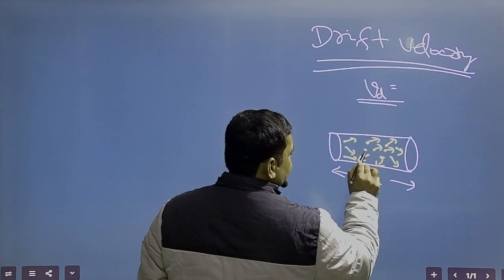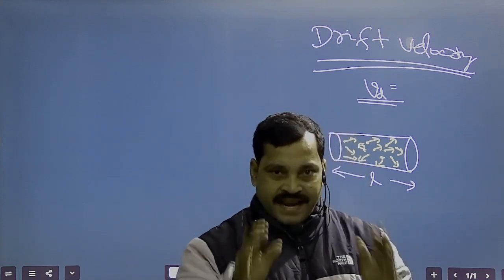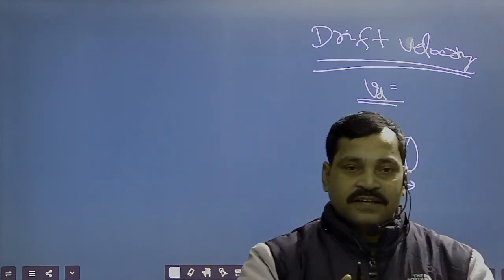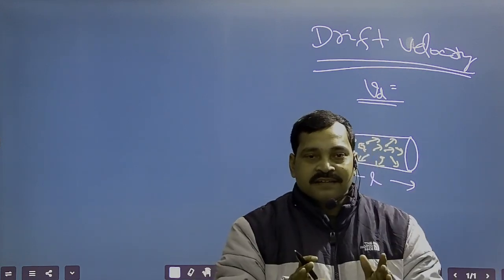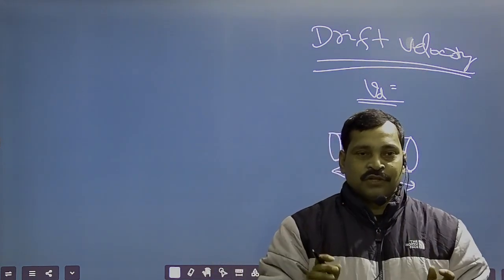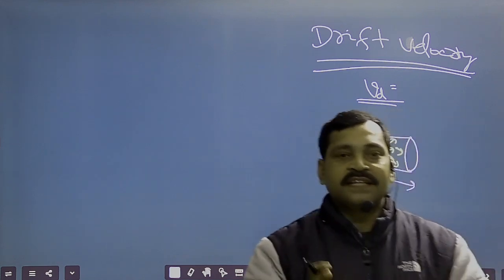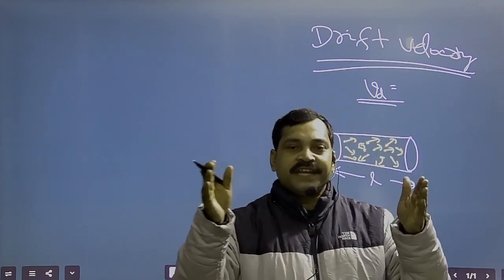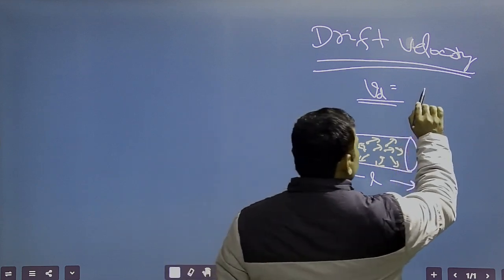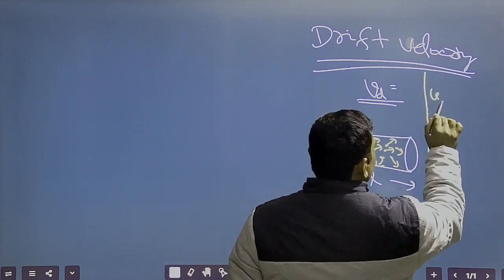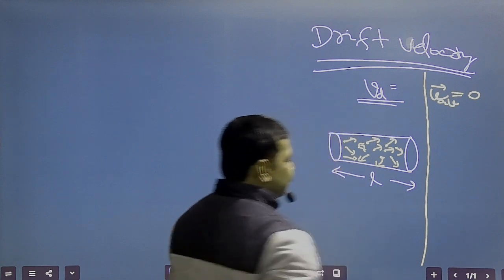This is the random motion of the free electrons, and the average velocity of all the electrons, when no battery is connected, will be 0. So the average velocity of all the electrons in the absence of any external electric field will be 0. So here we get u average initially equal to 0.